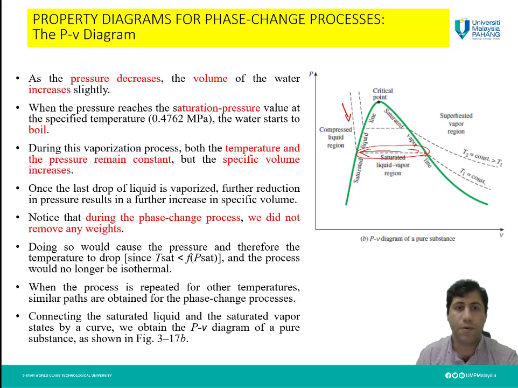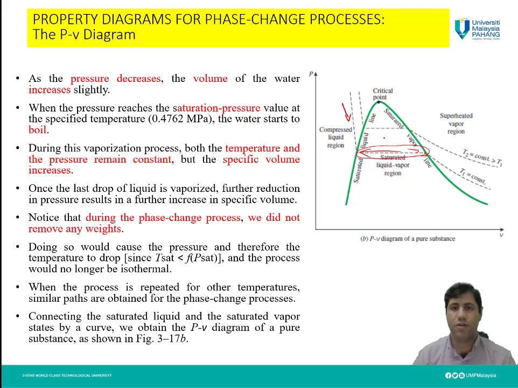So during this vaporization process, both the temperature and the pressure remain constant. It means this part, but the specific volume will change. And I told you this part will continue until the last droplet of the water is also vaporized.